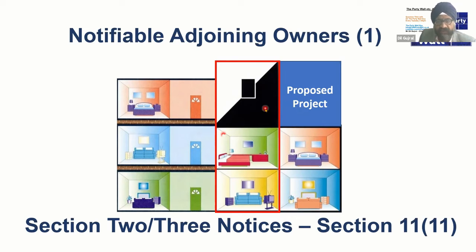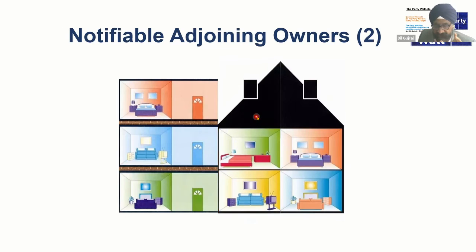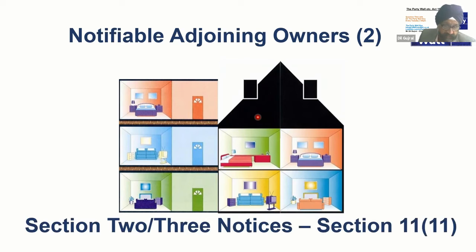Either way, if you've got nothing in the roof space, no flat in the roof space next to you, there's only one notifiable owner there, and that's the freeholder. So let's have a look at a slightly different scenario, which is where we've got, again, this project will be notifiable under Section 2(3), and we're going to look at Section 11 issues as well.